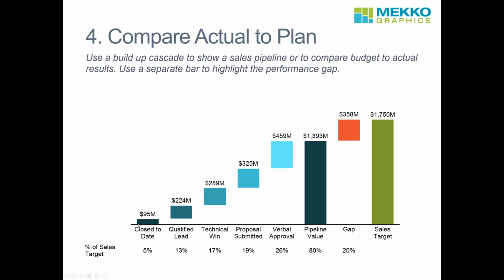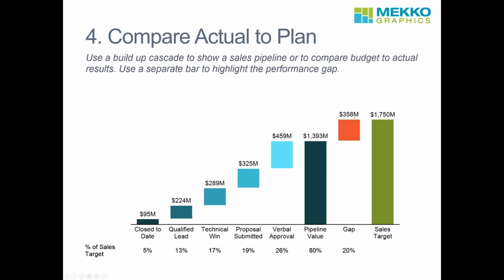I've got a sales pipeline, and I've got 5 different stages to my sales pipeline, and I'm estimating the amount of revenue I'm going to receive from the prospects in each stage of the sales pipeline, and that's split up here, and that gives me a total pipeline value. But then if I want to meet my sales target, I've got to close this gap.